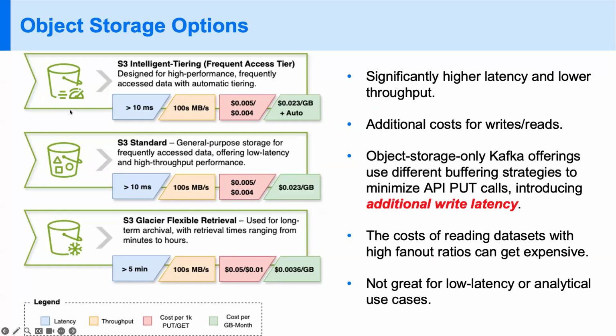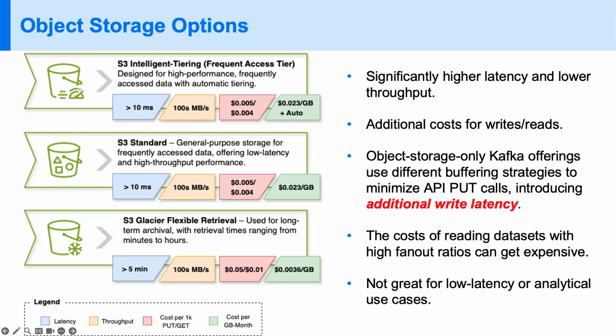Just note that there are some additional costs related to the number of puts and gets. Usually these aren't very significant, but in very large use cases, if you read the data a significant number of times, these costs start to add up. So be aware of that. Whereas with block storage, once you write it, you can read it as many times as you want for free. Keep that in mind when you start accessing this data.